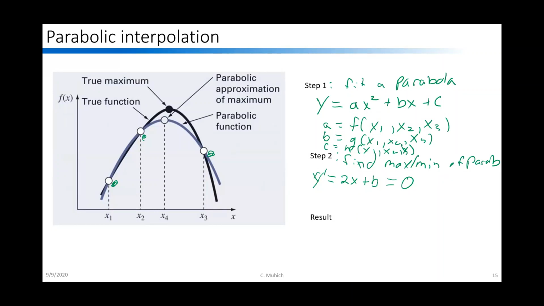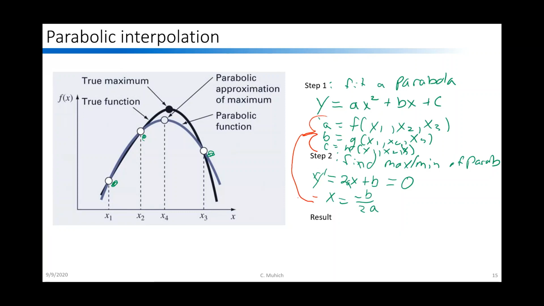If we rearrange this, we can find that the maximum is going to be at x equals something from this fit.